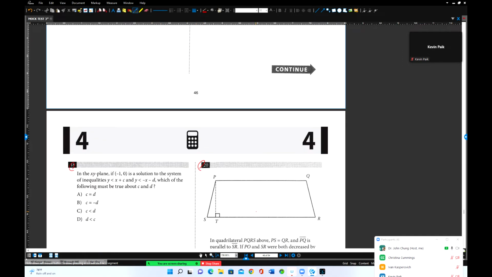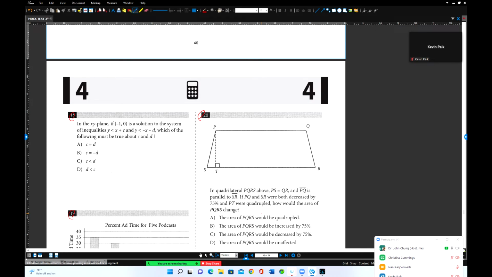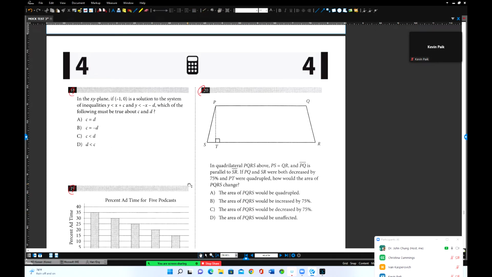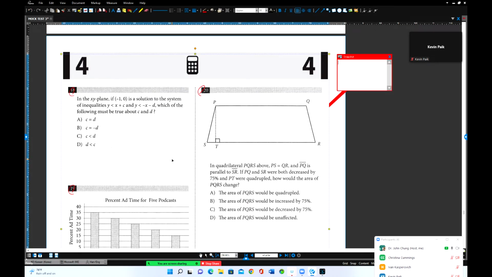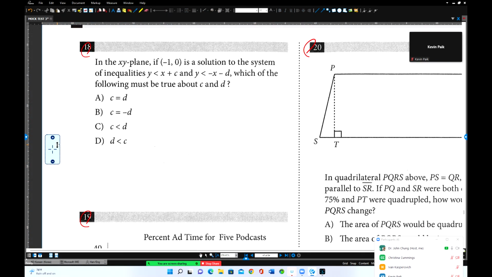Move on, number 18. Okay, I want to make it bigger now. All right, negative 1, 0.